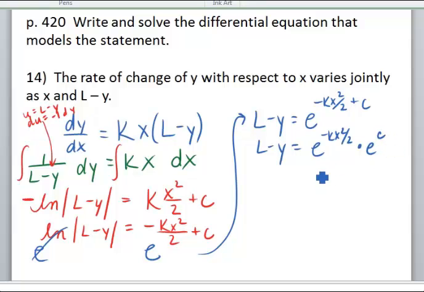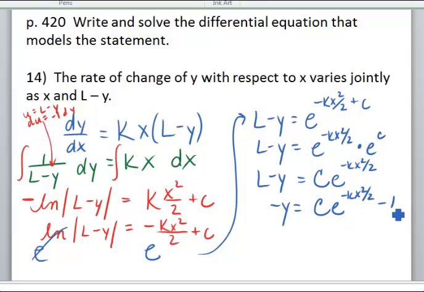That becomes my big C. So I'll put big C out front, e to the negative kx squared over 2. And on my left-hand side, I have L minus y. So I'll solve for y now. And then getting y completely by itself flip-flops this back around. And I have my final solution.